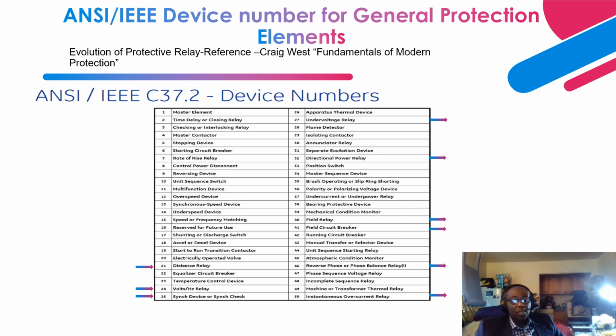Next is negative sequence relay, right? If you have a phase unbalance and phase reversal, that's ANSI device 46. This relay detects that amount of unbalance. For each generator, the manufacturer specifies the allowable unbalance for a period of time.